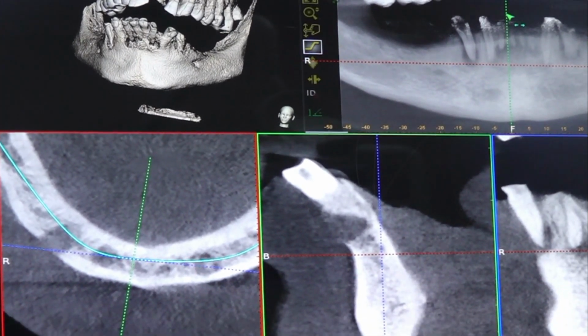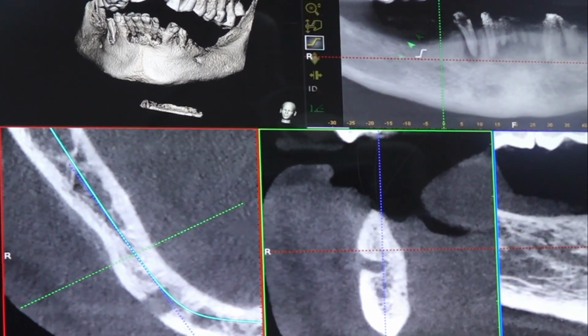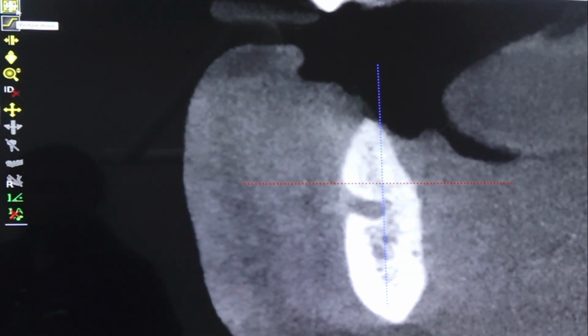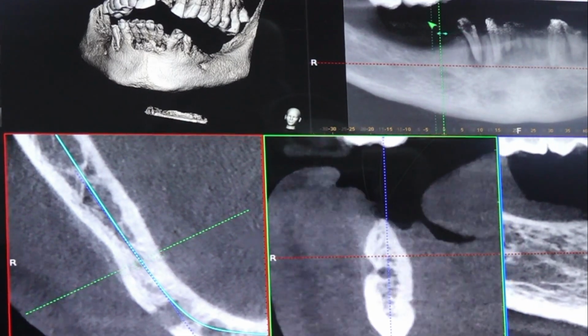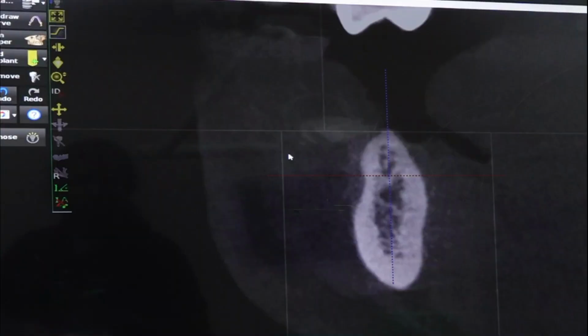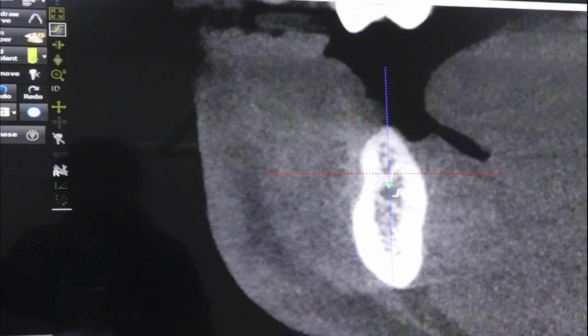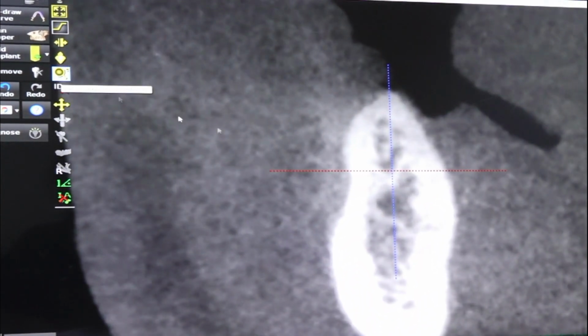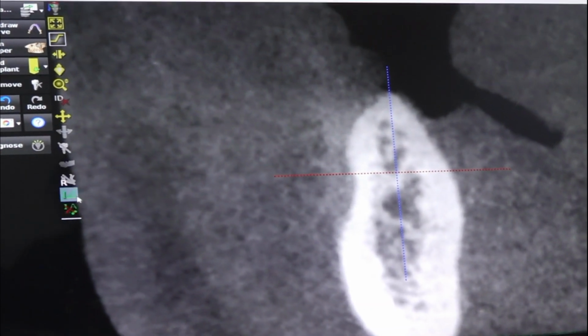First we will see the distal mandible. This is the right mental foramen. Okay, just distal to the mental foramen. So this is the canal. Okay. So what is the length available? We will see.